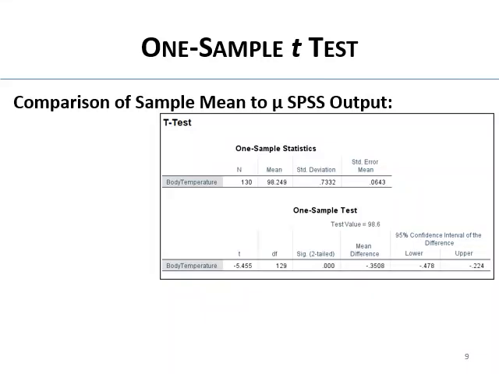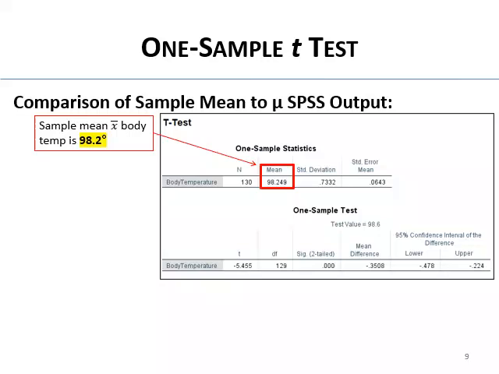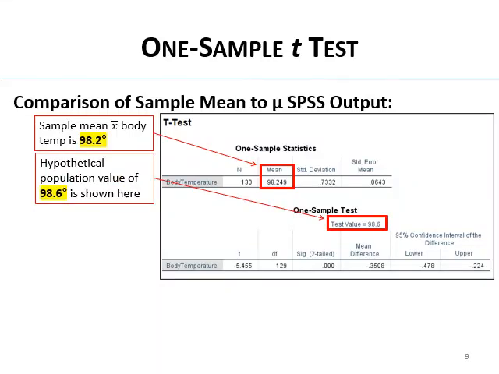This is what it looks like. What do we got here? A bunch of stuff. So first thing is one sample statistics. You get the sample size, 130, standard deviation, the mean, standard error, whatever that is. But the average body temperature of the sample was 98.249, so 98.2 degrees. The next table there is a one sample t-test table.